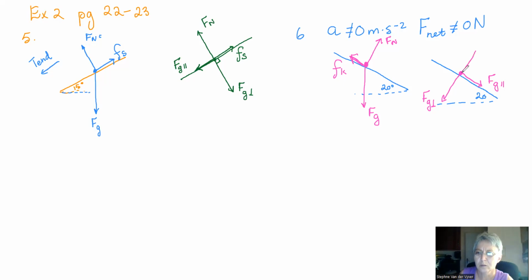You've got the normal force opposing the perpendicular component of the weight, and the friction, but in this case, the friction is smaller than the parallel component of the weight. Good. So that brings us to the end of number 6.